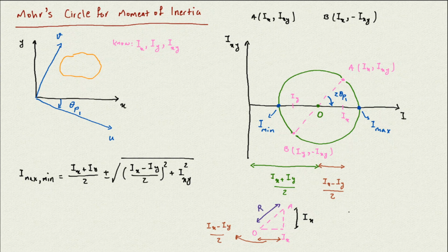And in this triangle we find that R is going to be this value squared: Ix minus Iy divided by 2, squared, plus, and this is Ixy, not Ix, so this is Ixy squared, and a square root of that.